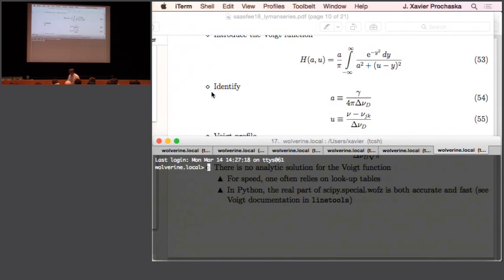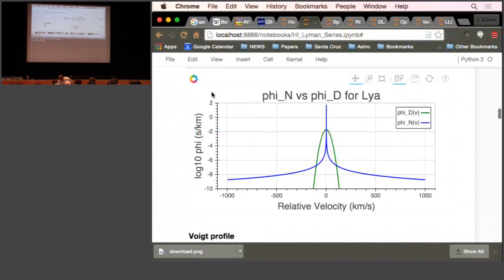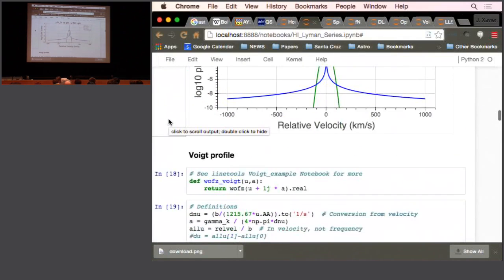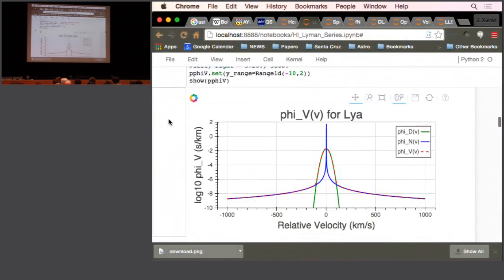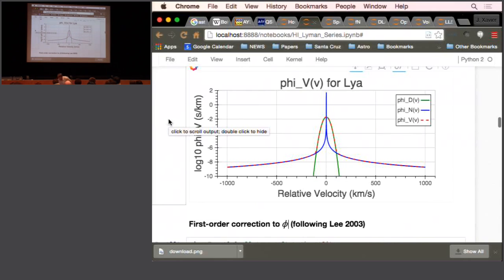Going back to the plots, you see the convolution of those two profiles. So the red dashed line shows the Voigt profile, which traces out the Lorentzian at large offsets from the line center, and a Doppler term here at the line center.